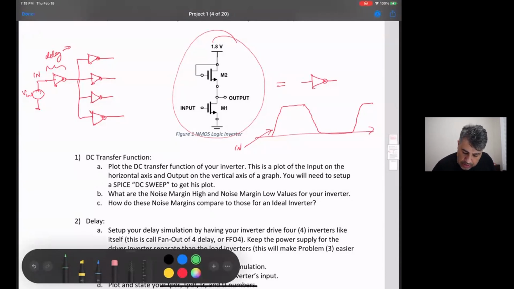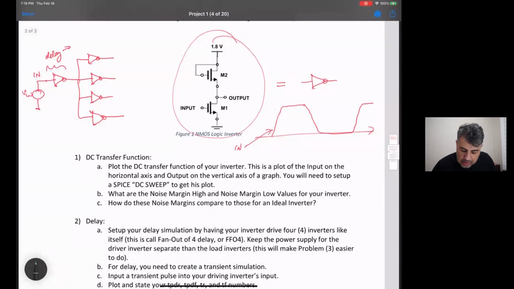So remember that this is an inverter, and because it's this sort of cheesy circuit, it's going to do something like this. I'm pretty much exaggerating here, but the output, which is here, is an inverted version, but because it's an NMOS load, you lose some signal here and here.